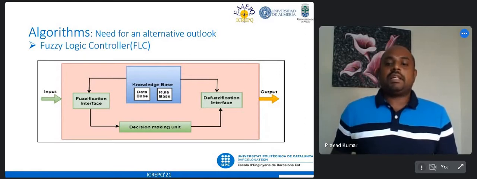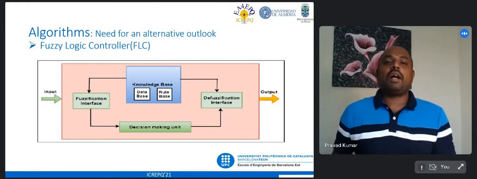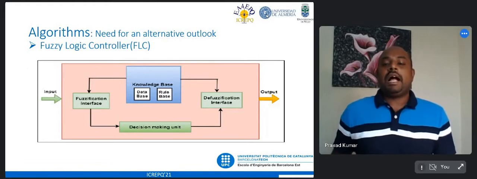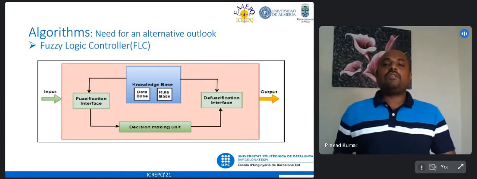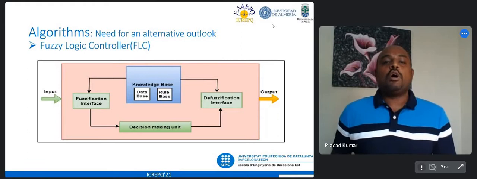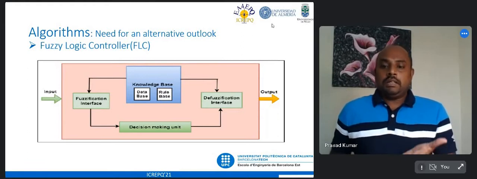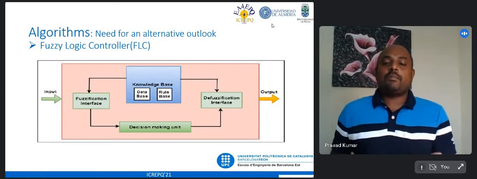Fuzzification is where inputs are changed to fuzzy values, the rule base is the relationship between input and output, and in defuzzification the fuzzy values are converted into non-fuzzy values, which are used to control the photovoltaic system. The result of the fuzzy logic controller produces the value of the direct duty cycle that is given to the maximum power point technique.